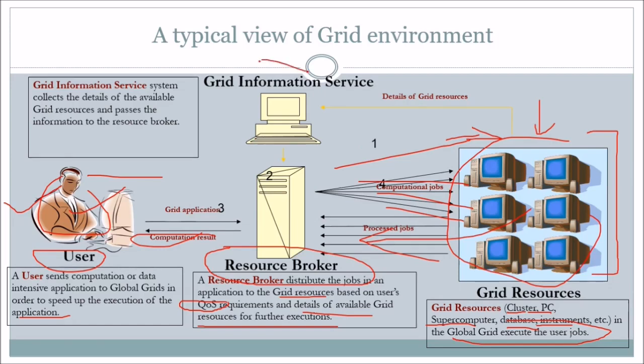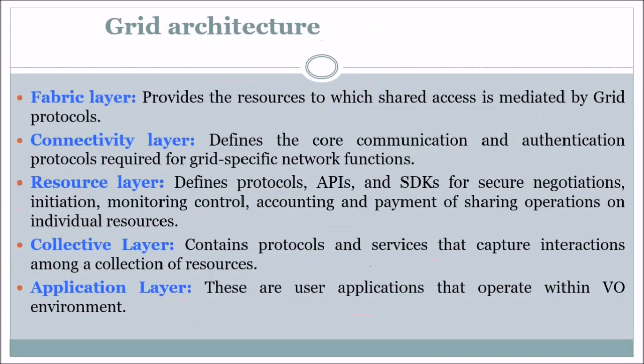Now in between there is a grid information service. From here, details of grid resources are given to the grid information service. This system collects the details of the available grid resources and passes the information to the resource broker. This is how the resource broker knows how the grid is available to us, or which grid to be allocated to which user depending upon the quality of service requirement.